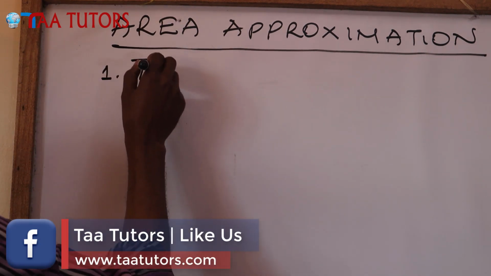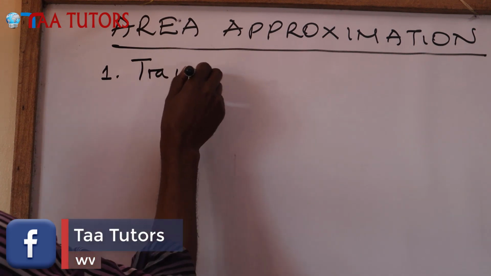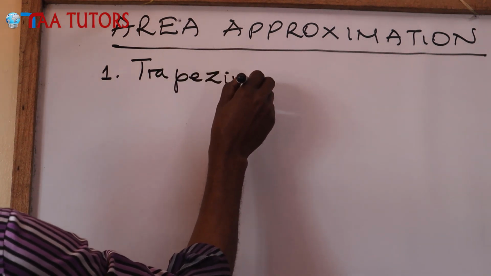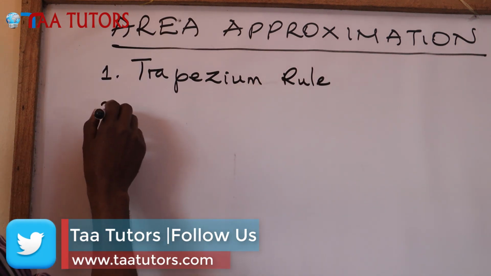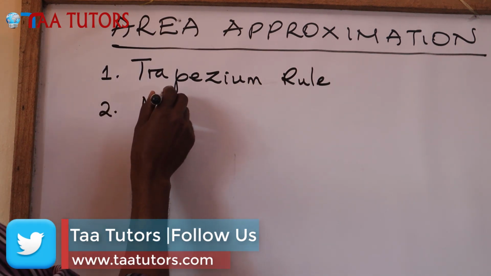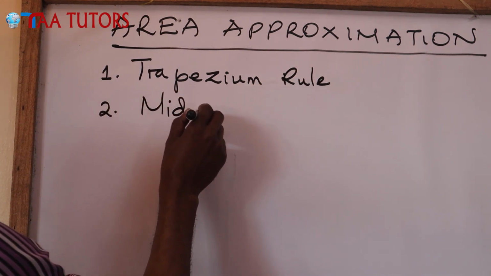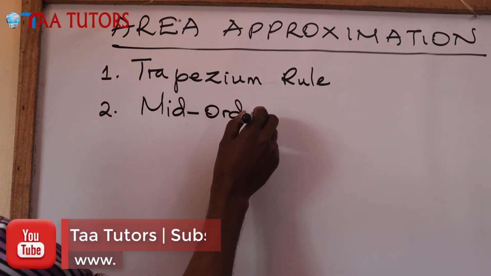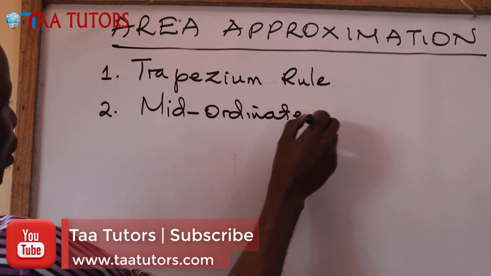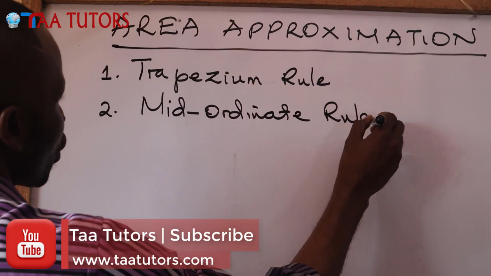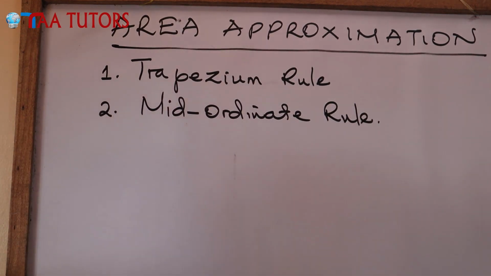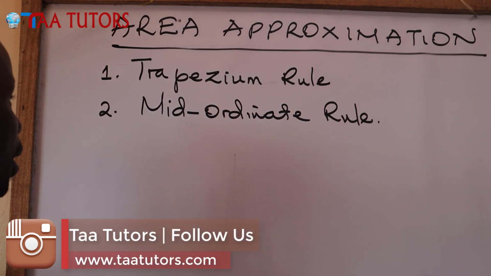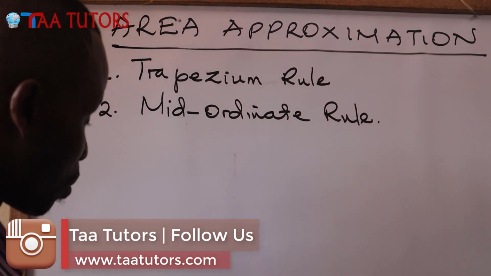The first one will be the trapezium rule, and the second one will be the mid-ordinate rule. These are the two rules we are going to learn in this particular chapter. And I will start with the trapezium rule.